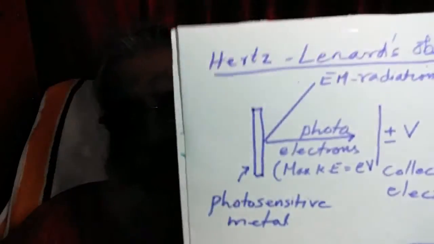The main observations provided by this experiment are the following. One, the maximum kinetic energy with which electrons are emitted from the metal is found to be proportional to frequency of the incident radiation. The maximum kinetic energy of the emitted electrons.